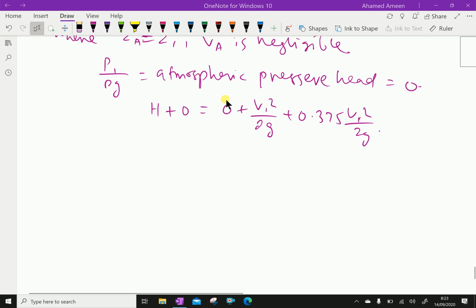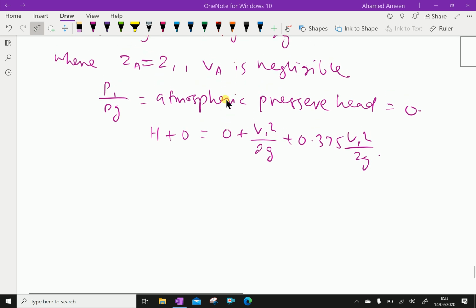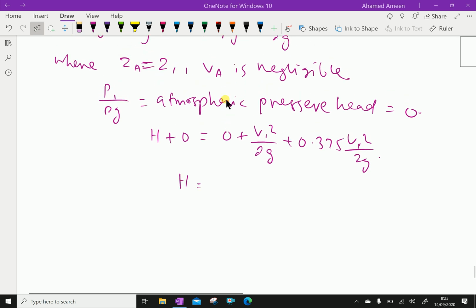From this we get H equal V1 squared by 2g plus 0.375 V1 squared by 2g, which is 1.375 V1 squared by 2g.